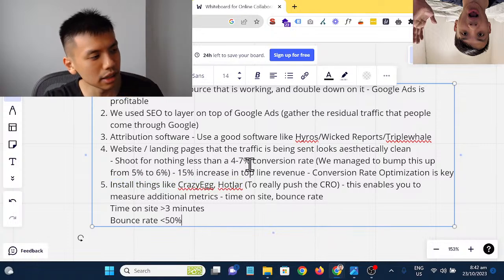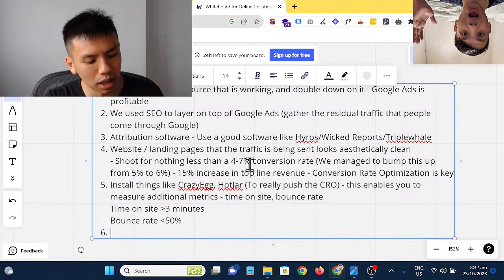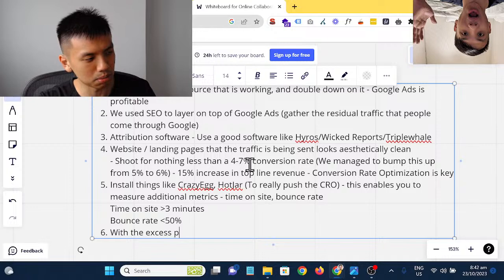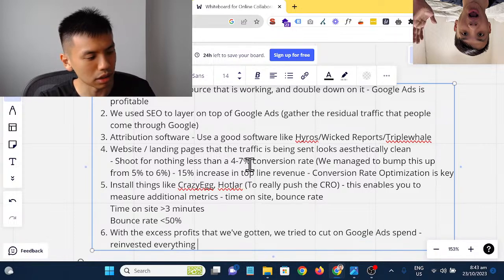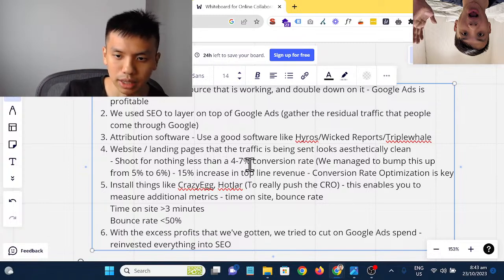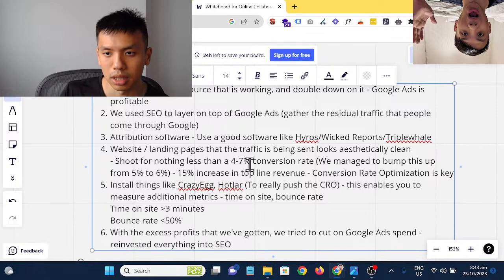And then the other thing that we also did was, with the excess profits that we've gotten, we cut back on Google Ad spend and reinvested into SEO, because we understand that the long-term game we are playing is to ensure the sustainability of traffic comes from free traffic sources.